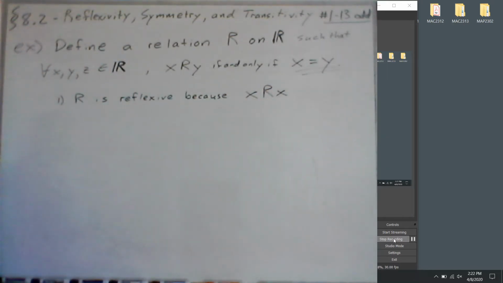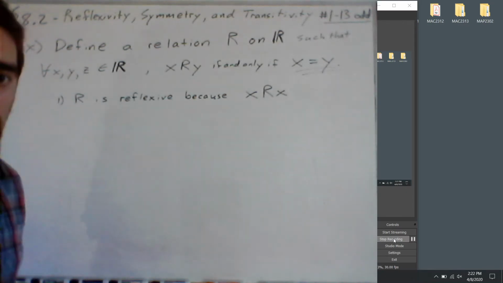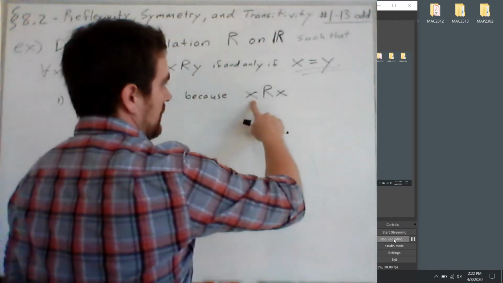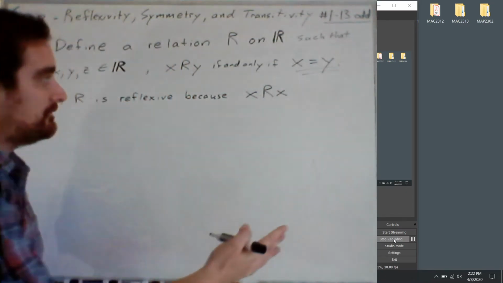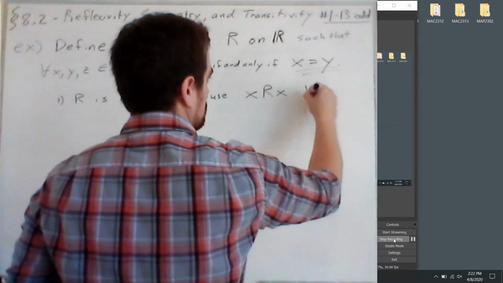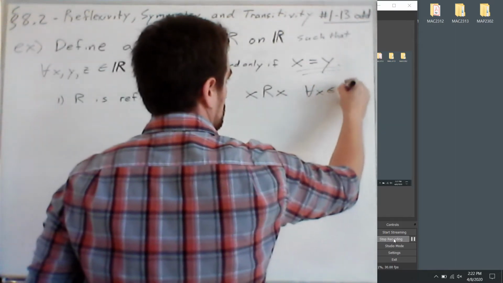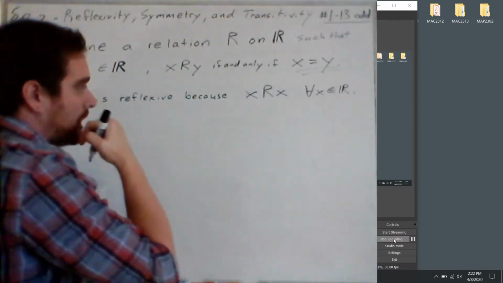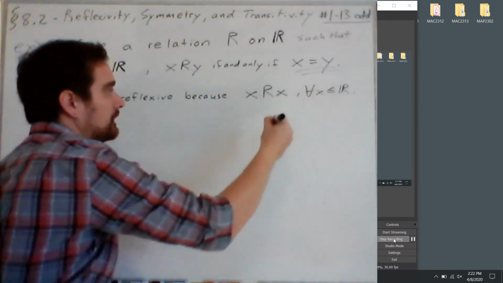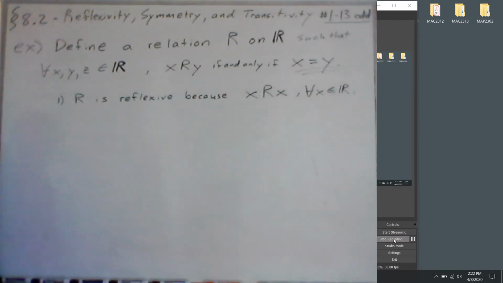Every real number is equal to itself. So it is in that relation. If I replace, x equals x, well yeah, for all x in the real numbers ℝ. So this definitely works for all real numbers you can find.